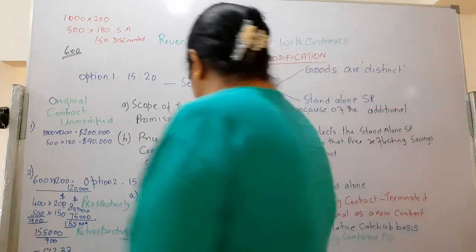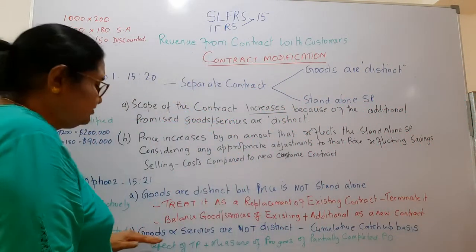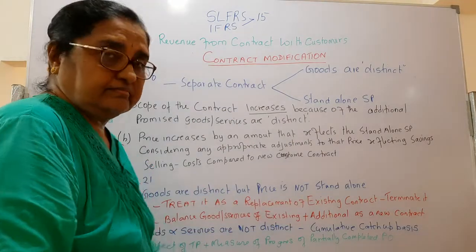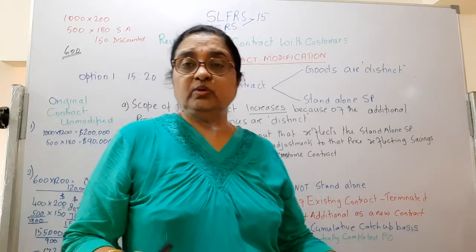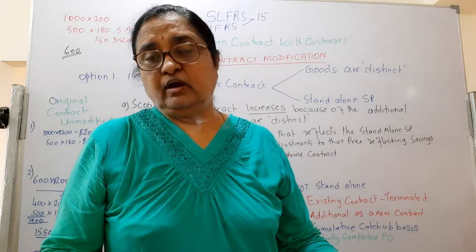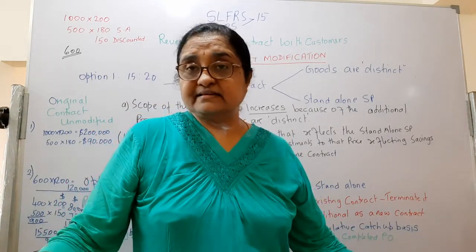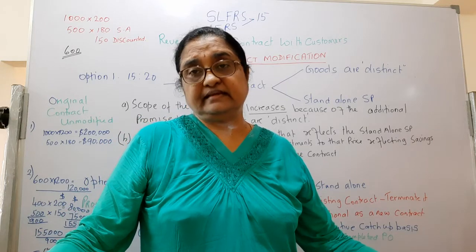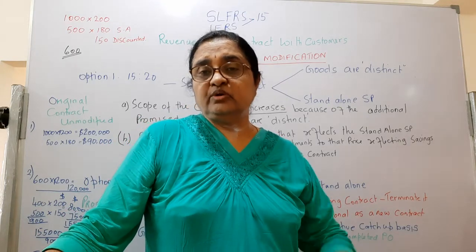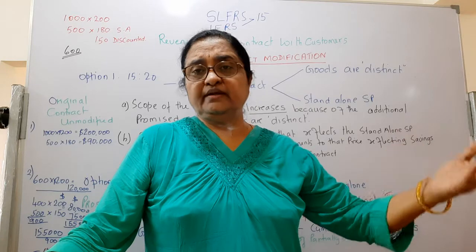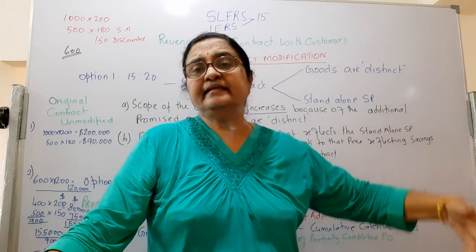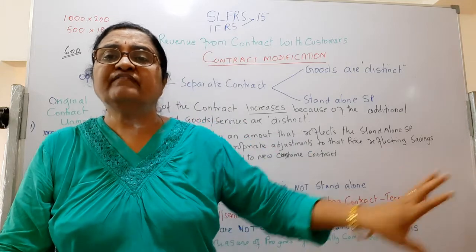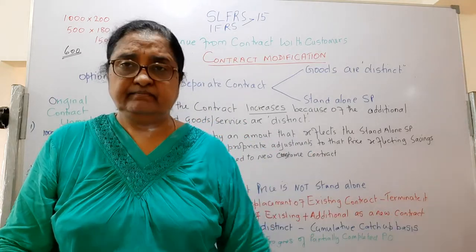Then B, goods and services are not distinct. That means you can't separately identify the goods, services, performance obligations. In a construction contract, it happens. Initially you contract to build an office building, and later there is a modification for the building design.